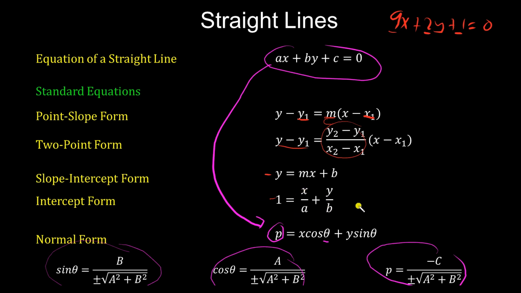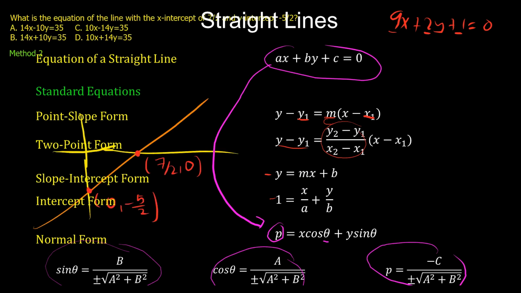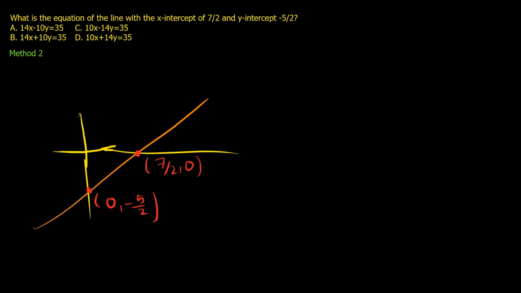Di ba ana ako class, pag given ka sa x-intercept and y-intercept, gamiton na siya na formula kaning intercept form. So, i-try na to siya gamit ha. This is method number 2. So, again, ang formula is 1 is equal to x over a plus y over b, where a is the x-intercept and b is the y-intercept.